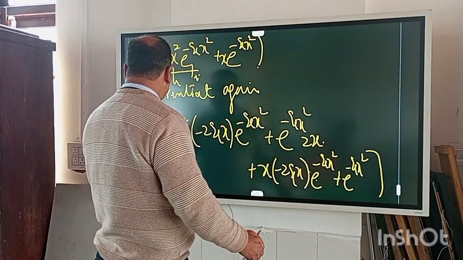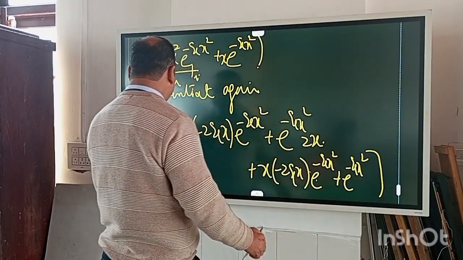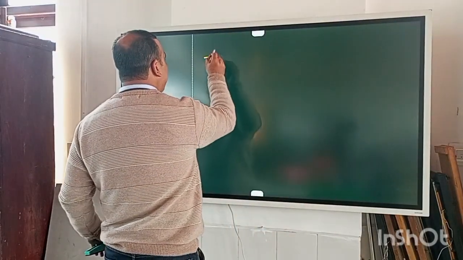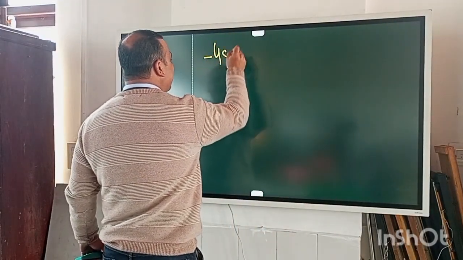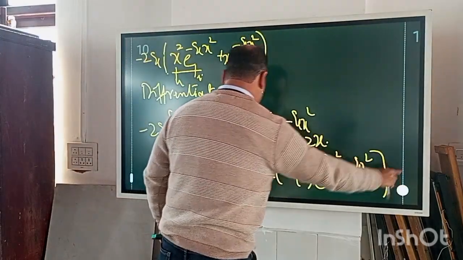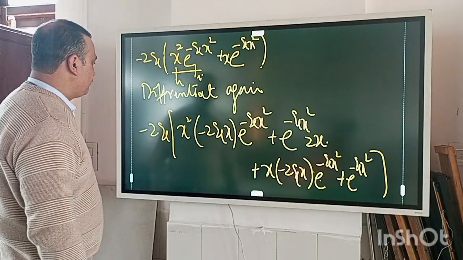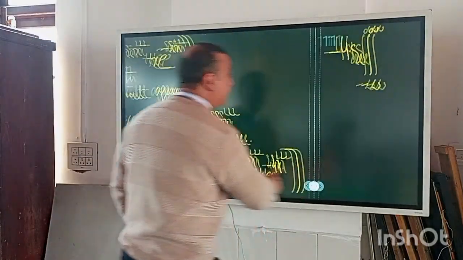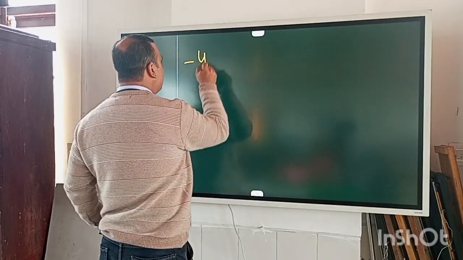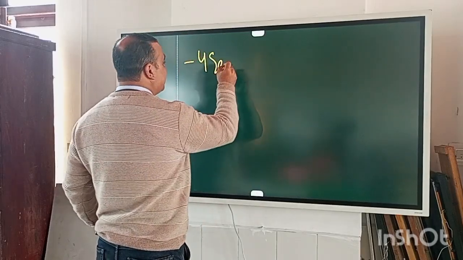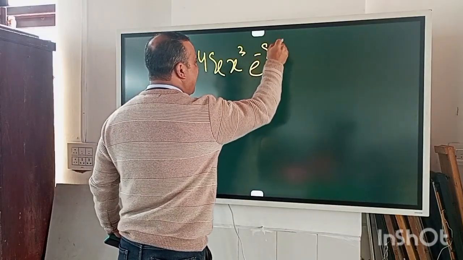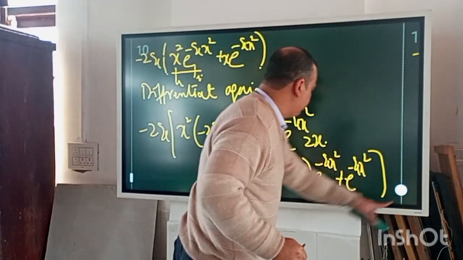This will give me minus 2 zeta x, this will give me minus 4 zeta x cubed e to the power of minus zeta x squared. This will be the first term.